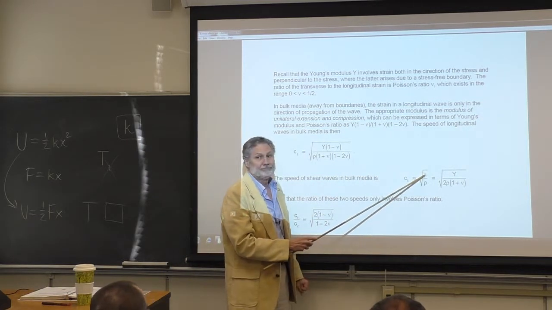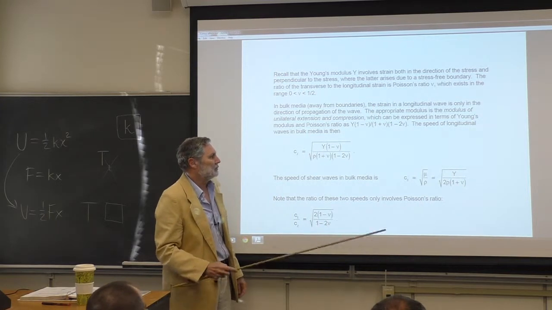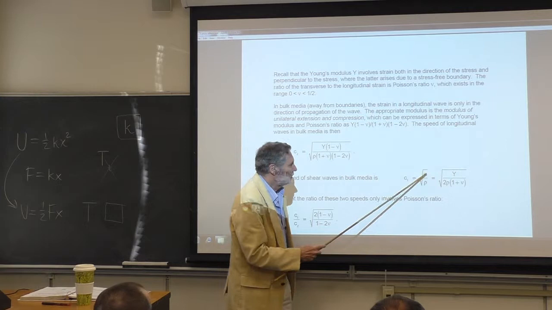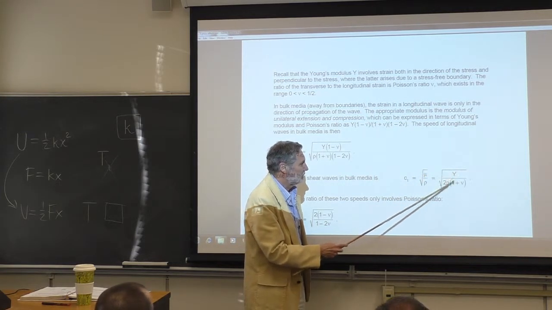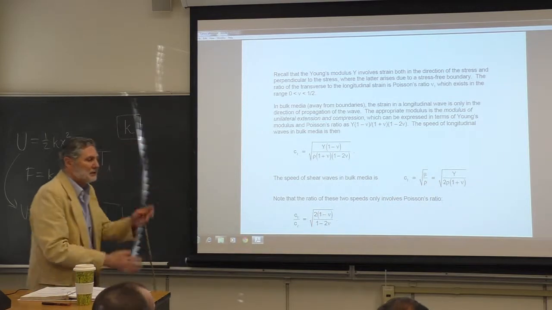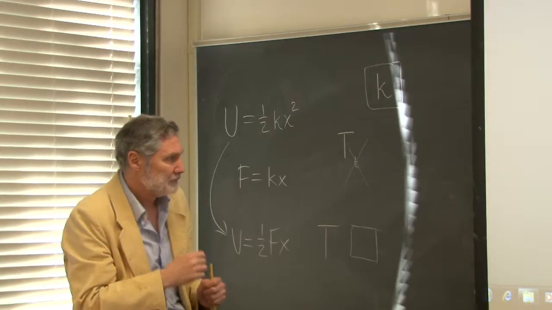It's the shear modulus divided by the density. Now we're going to phrase everything here in terms of Young's modulus and Poisson's ratio. So you can write the shear modulus like this. So here's the speed of shear waves in a bulk medium with no boundaries.